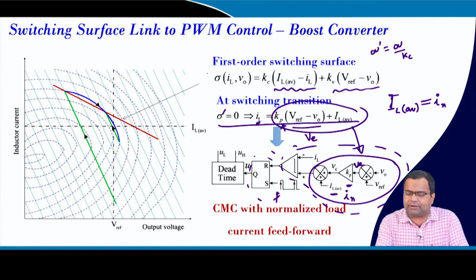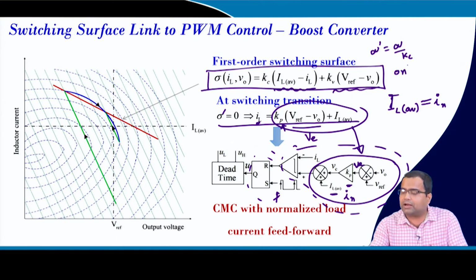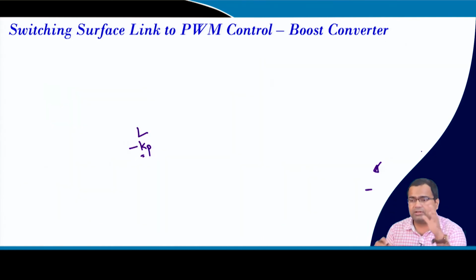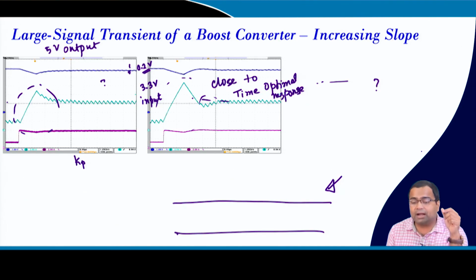So, there is no gain because it is normalized. If you go back to our original problem, since it is a first order switching surface, we will have only one unknown parameter, and that is nothing but Kp. So, we do not need to take the derivative gain, it is already taken care of.